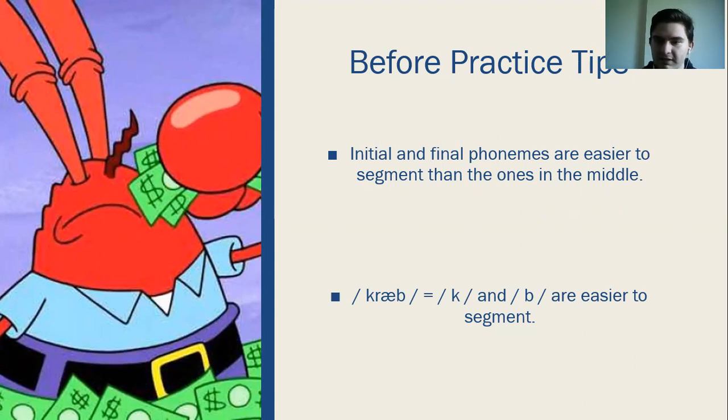So they can easily say k and b are phonemes in this word, but they might have a harder time finding out that r and a are also in this word and are also phonemes. They can understand it, yes, but they might have a harder time with this.